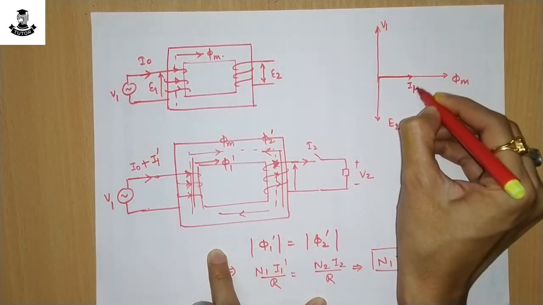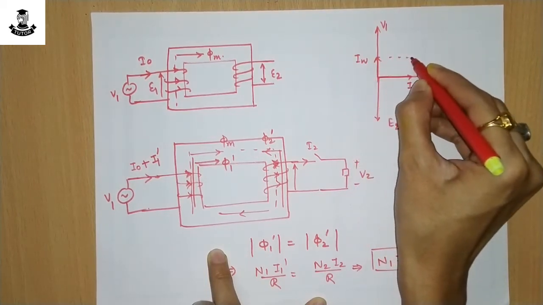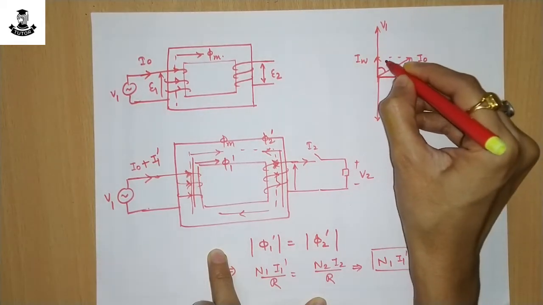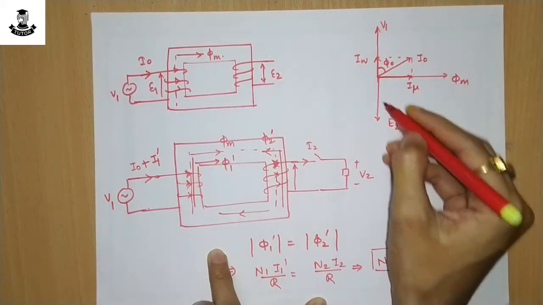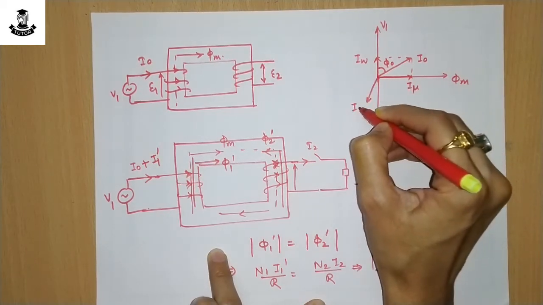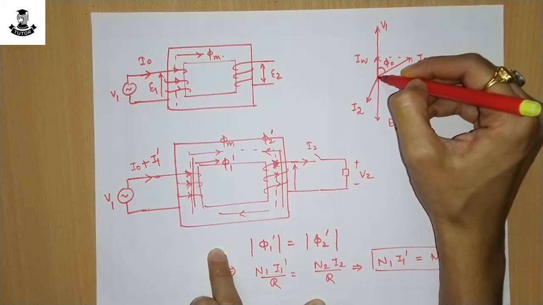Initially we were having magnetizing current and core component together forming no load current. This was no load power factor. Now, when the load is connected, secondary current I2 starts flowing, let the load be lagging power factor.